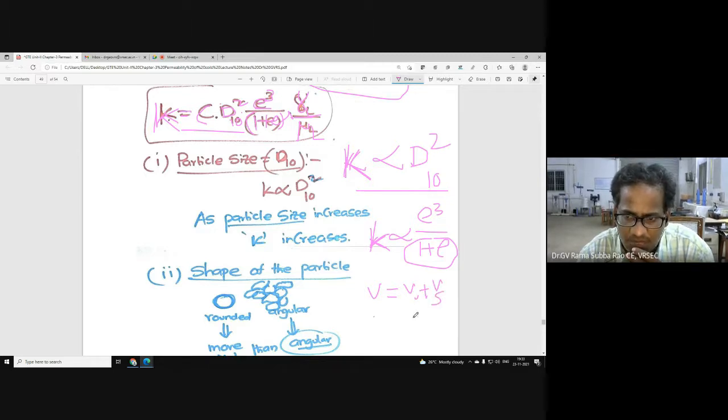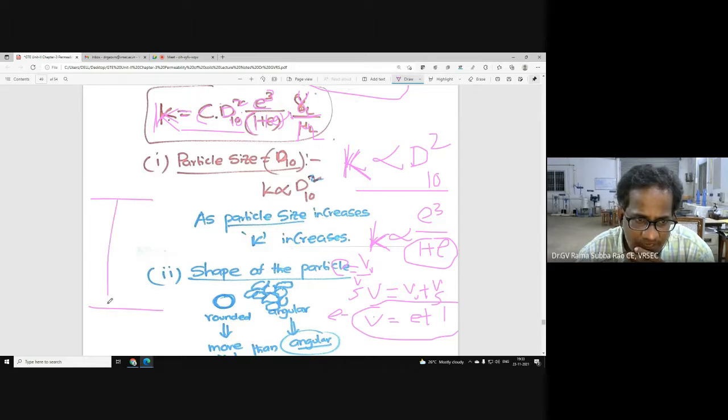The volume of solids remains constant, that means 1. Void ratio is volume of voids by volume of solids, so volume of solids becomes 1 now. e is equal to Vv, so V is equal to 1 plus e. What I'm trying to tell you is, if the thickness of the layer is increasing, permeability is decreasing. That's why K is inversely proportional to 1 plus e.